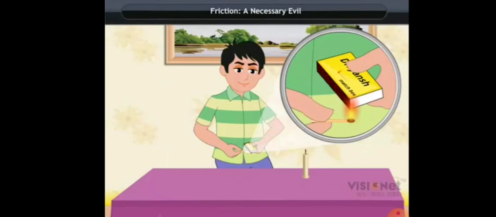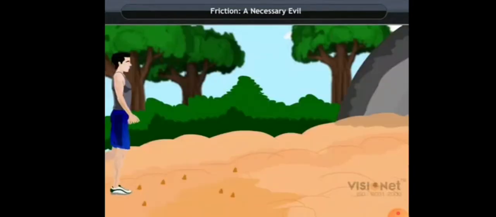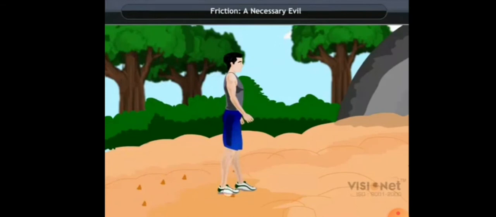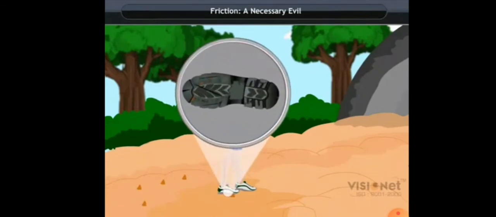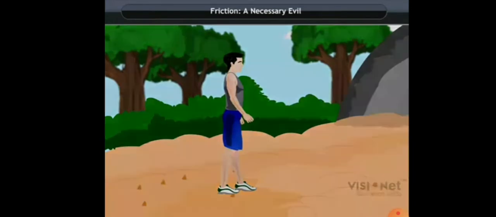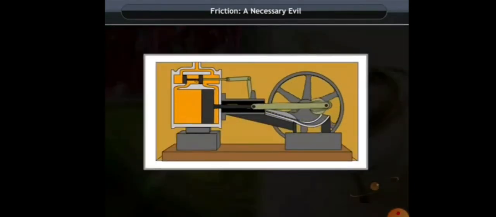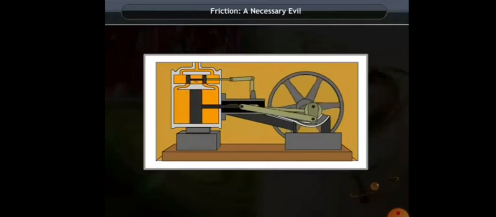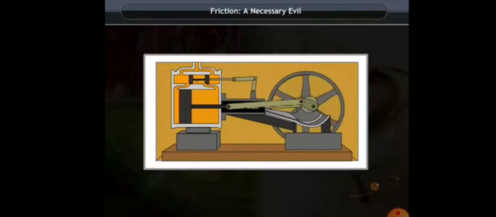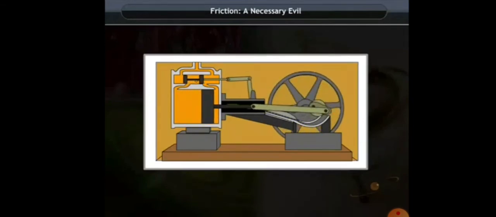We have discussed many uses of friction and we have seen how crucial it is for us. Now let us see the other side of friction. Soles of our shoes are torn out because of friction. As we walk on a very rough surface having more friction, it tears our footwear. As we have seen that friction causes heat. In big and small machines such as sewing machine and factory machine.